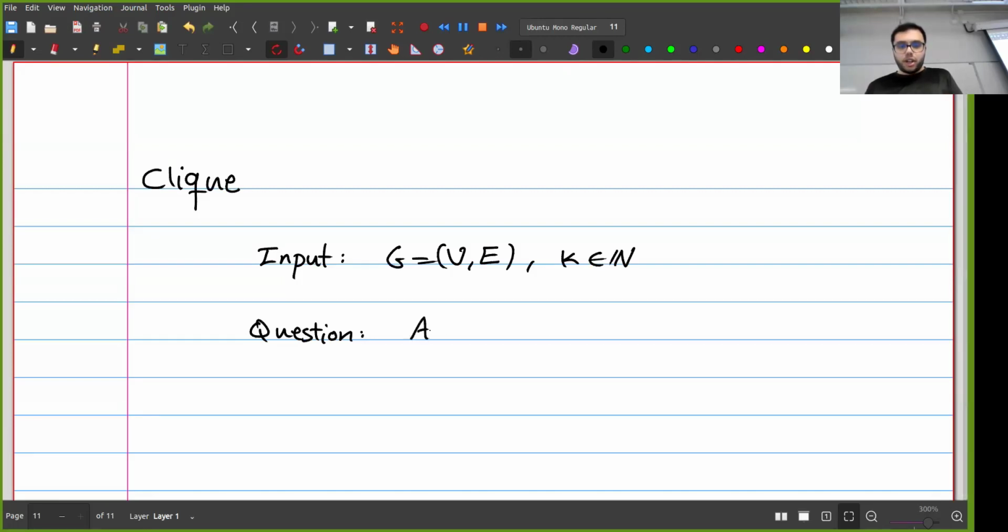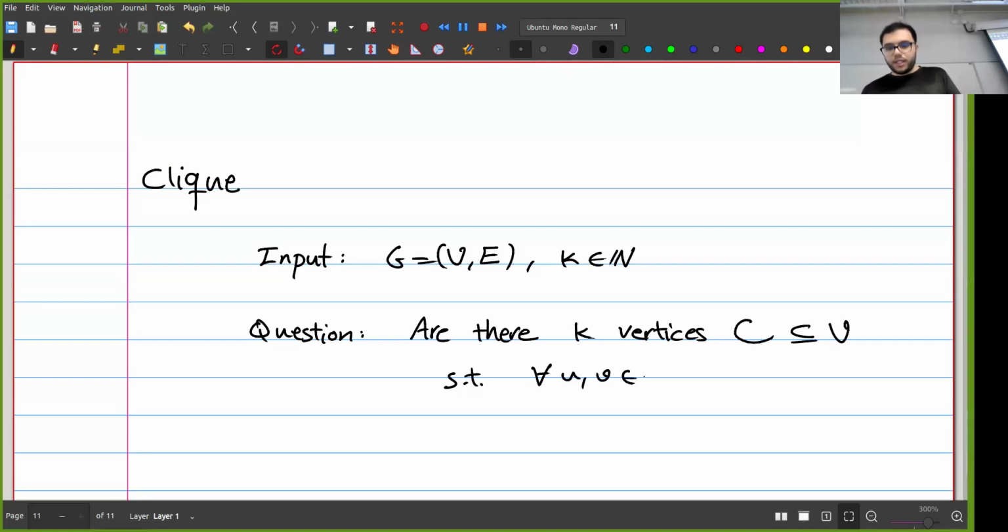Okay, so are there k vertices? Let's call them, it's a clique, so I'm again going to say C, subset of V, such that for every two vertices U and V that are in C, I know that there is an edge, UV is in E. Of course, I want to say for every two vertices that are not equal to each other.